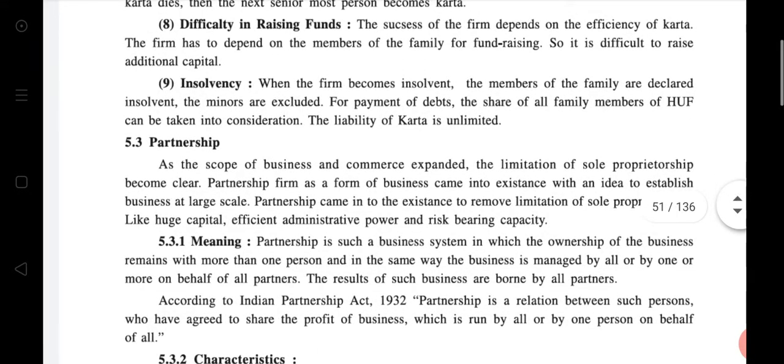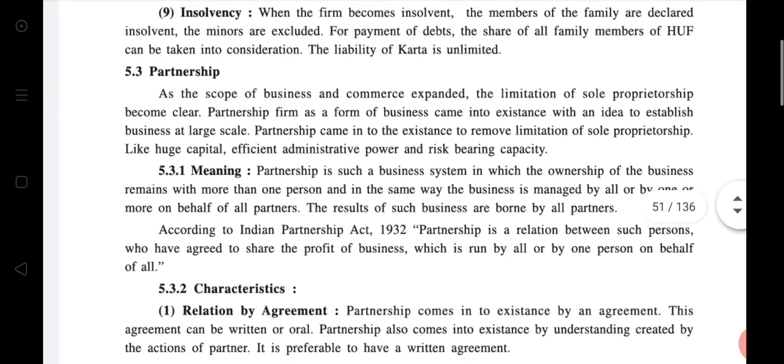Then difficulty in raising funds. It depends on the success of the firm and the efficiency of Karta. So the firm has to depend on the members of the family for fund raising, so it is difficult to raise additional capital. Then insolvency.